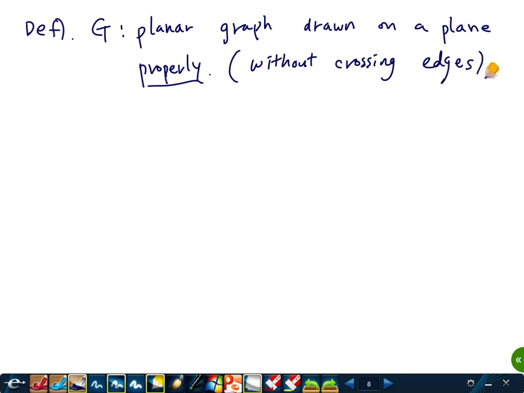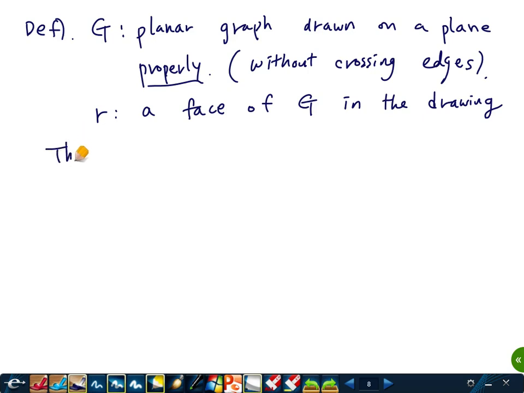So, in other words, we consider the graph and the drawing together. And R is, say, a face of G in the drawing. So because we have a drawing without crossing edges, we can see the faces and just say, okay, this is our face R. Just consider one face.